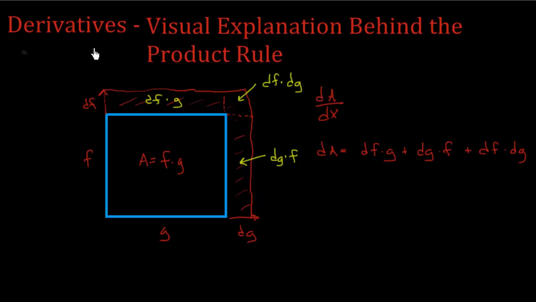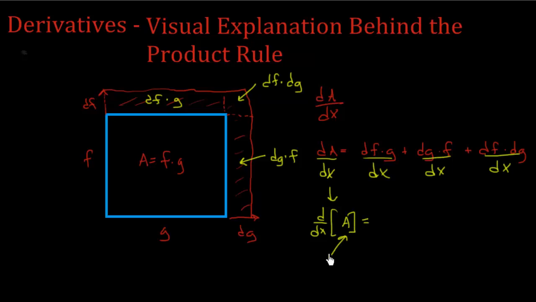Okay, so now I'm going to divide all sides by dx. So if I divide this by dx, and that by dx, right? Because dx isn't 0, it's a slight change in x, but it's not 0. Then this is the derivative of A, which is, again, the product of f and g.